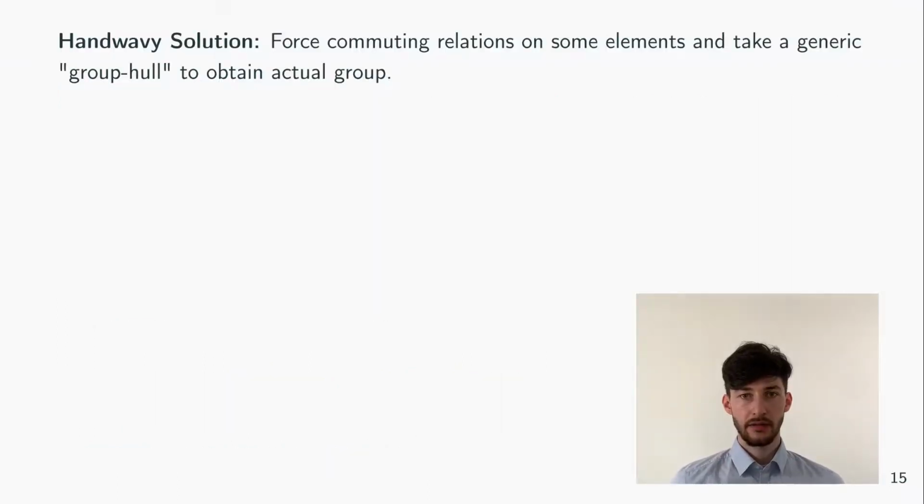And how we chose to overcome these obstacles, and this is really a very hand-wavy high-level intuition here, is we can, in a way, force commuting relations on a small part of group elements and leave some things unspecified and basically let them generate a generic group. And so there will be these group elements corresponding to vertices where we see the edges in terms of commutation, but then there will be many other products of these vertices as well.